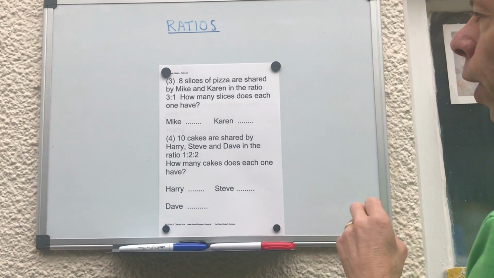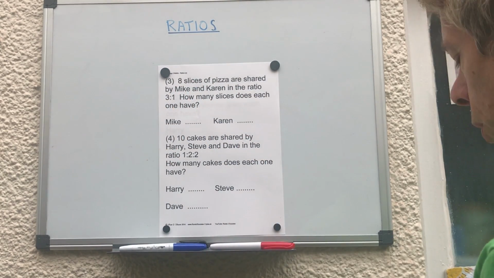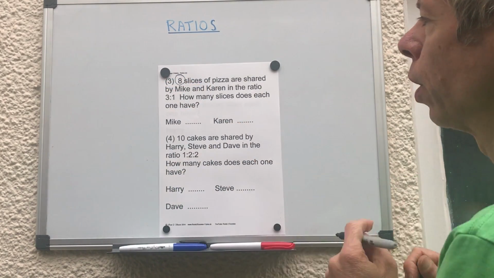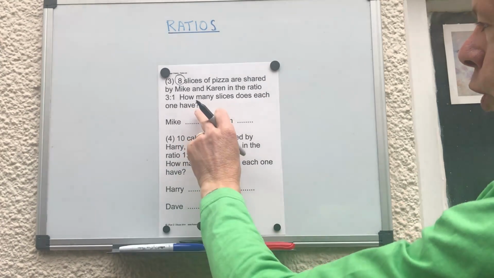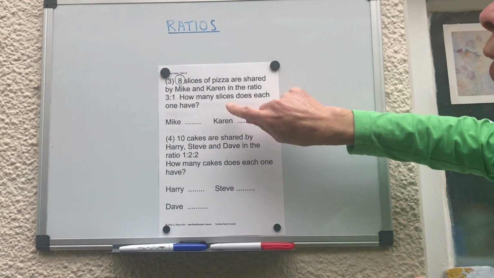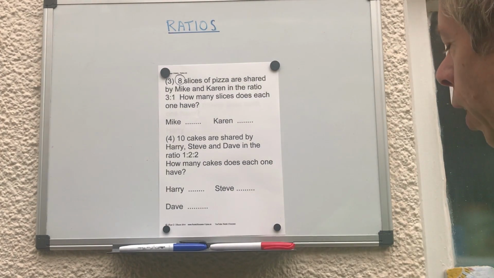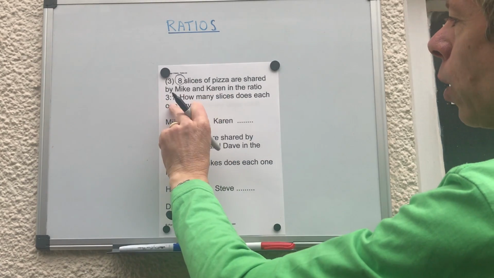Okay, so now we have 8 slices of pizza. So circle our total. It's one of the most important things in this question. Shared by Mike and Karen in the ratio 3 to 1. How many slices does each one have? I've always listed the names in the order they were in the question, but just watch out in case they sneakily switch them around. So obviously every time Mike has 3, Karen has 1.